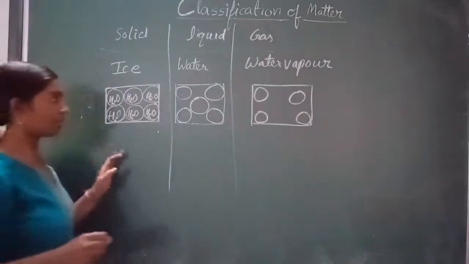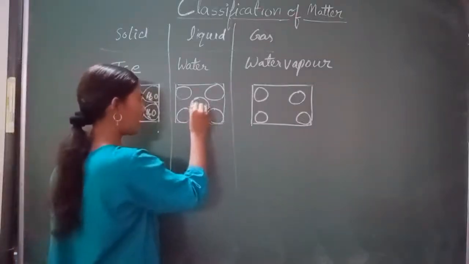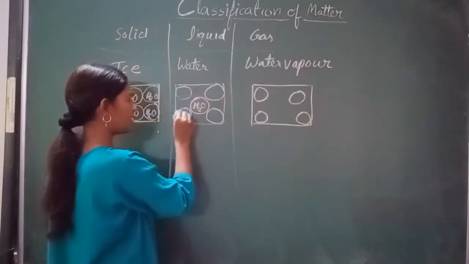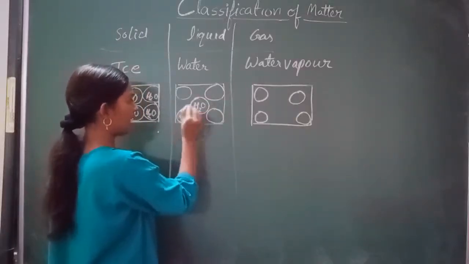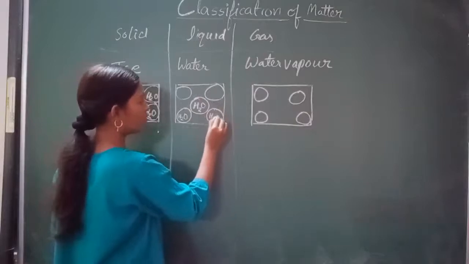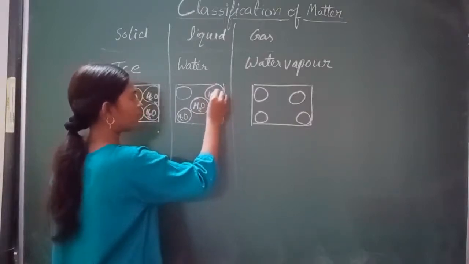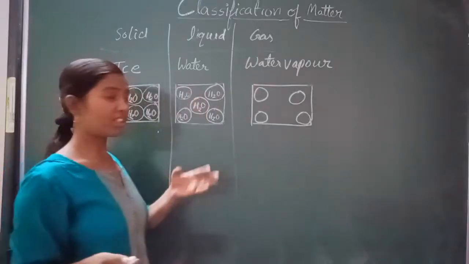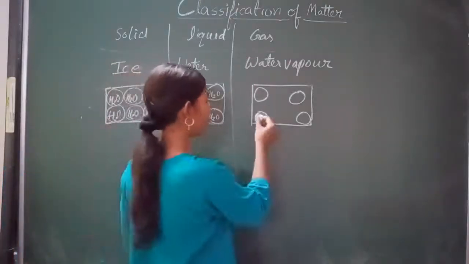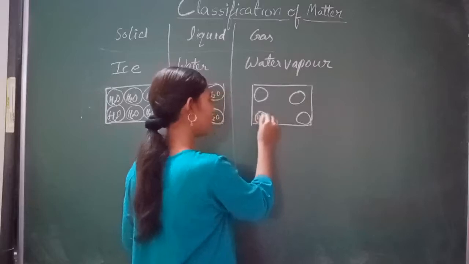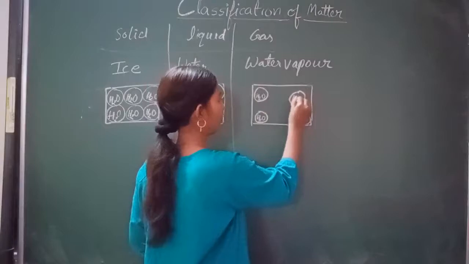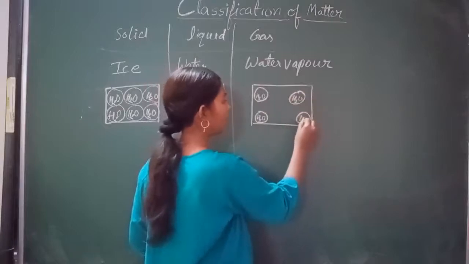In ice, whatever this particle is, it is made up of H2O. In water also it is made from H2O. This also is H2O. When I study water vapor, look what I found. Again the same thing, H2O.